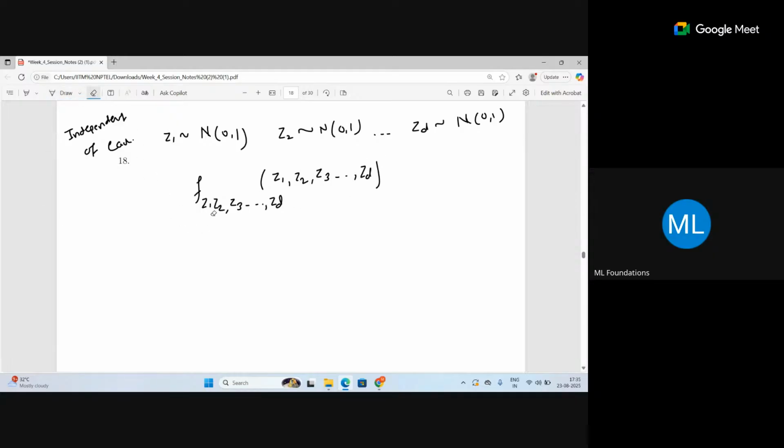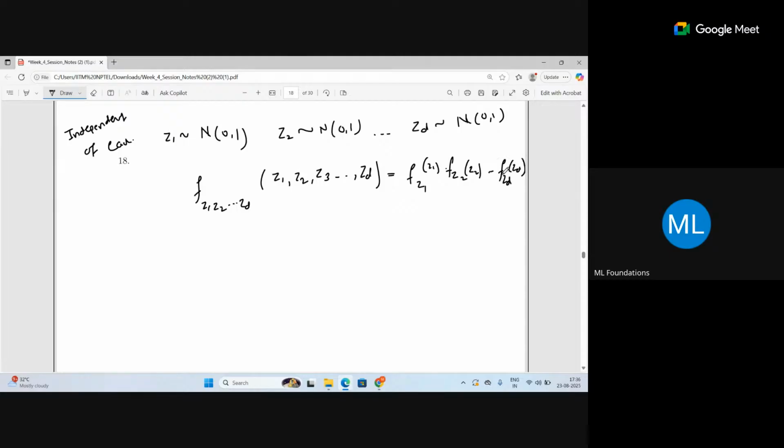What do you think about that? What is their joint density? It will be a product, right? So it is basically f of z1 of z1, times f of z2 of z2, and so on up to f zd of zd, right?